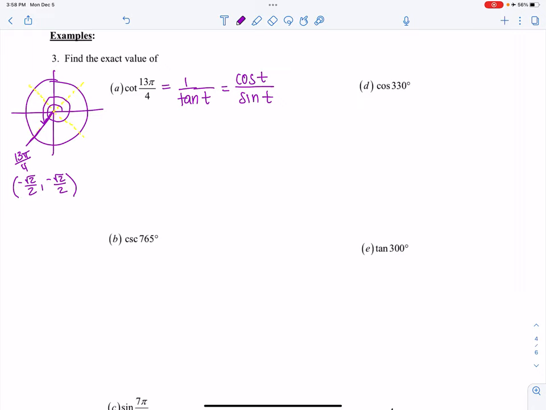We know that cosine and sine are representative of our x and our y, so we are going to put in negative root 2 over 2 over negative root 2 over 2. And then we'll use what we know about fraction division, negative root 2 over 2 times 2 over root 2. And this all multiplies out to 1.